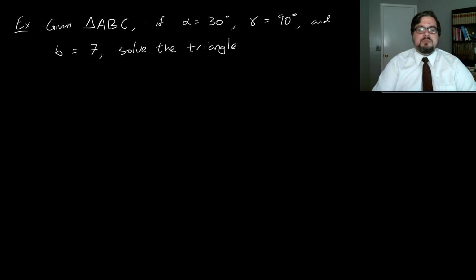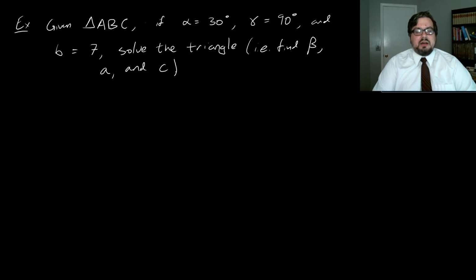Now in this case, solve the triangle is shorthand for find the other three quantities. So this means find beta, the angle that we don't know, and a and c, the two sides that we don't know.